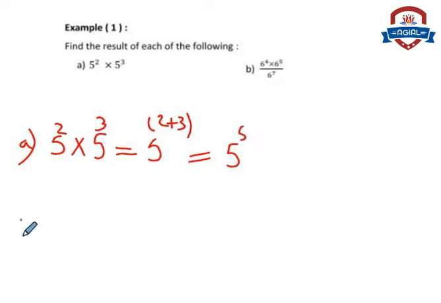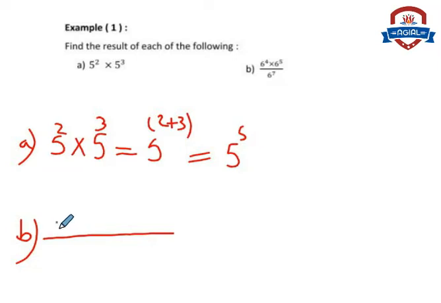Letter B, 6 to the power of 4 times 6 to the power of 5 over 6 to the power of 7. If we need to solve this question, we need to find the product of the numerator first.